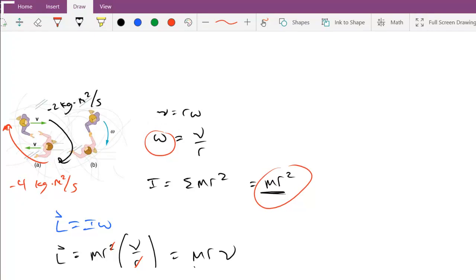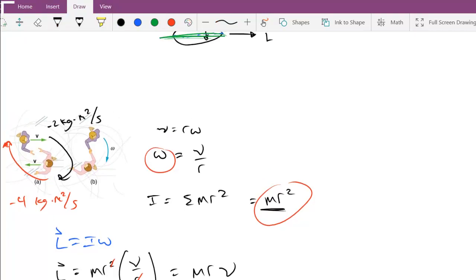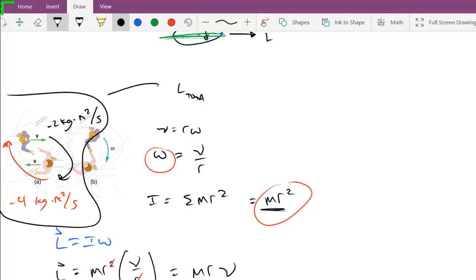Then if these two figure skaters are my system, the total angular momentum is just the sum of the individual angular momentums. So L total in this case would be equal to -6 kilogram meters squared per second.